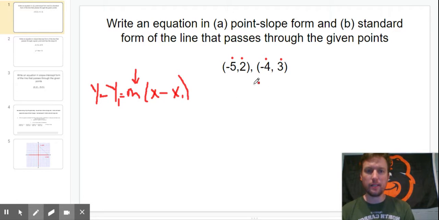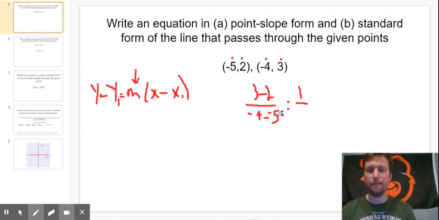So if I were to plug this in, I would get 3 minus 2 divided by negative 4 minus negative 5. So if I subtract these out, 3 minus 2, that's a tough one, that would be 1. Negative 4 minus negative 5, again, that might be a little bit more challenging, but that would be 1. So 1 over 1 would give you a slope of 1.